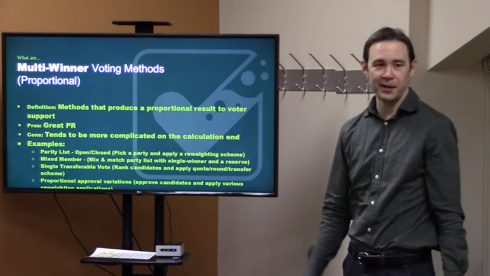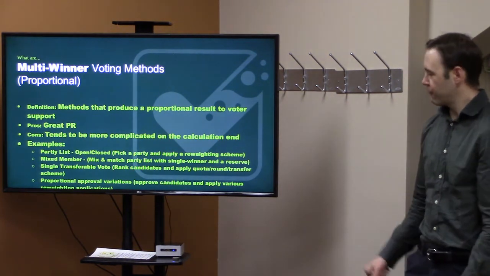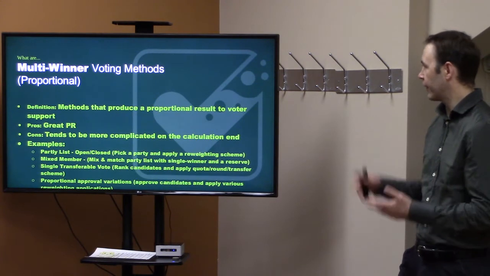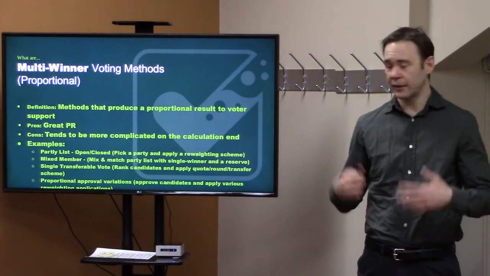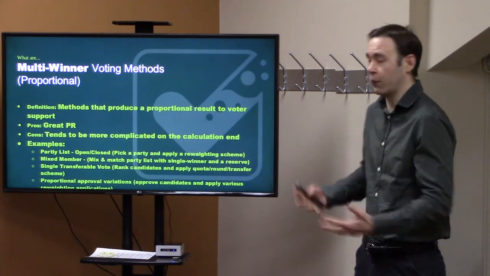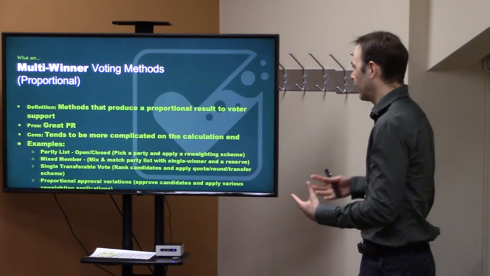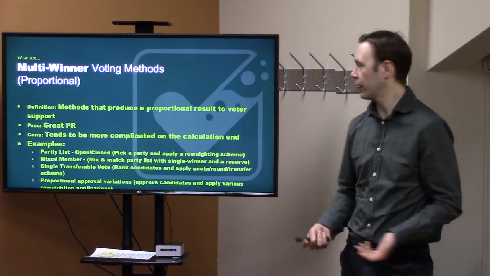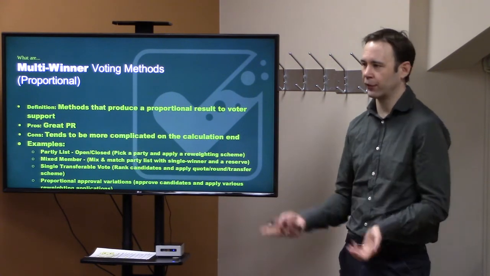All right, now we're getting into proportional methods. So we talked about block methods, semi-proportional methods, and these are proportional methods. Proportional methods give us a more proportional result. When we're talking about proportionality, we mean that, say there's a particular group out there, and they have 40% of the electorate support.